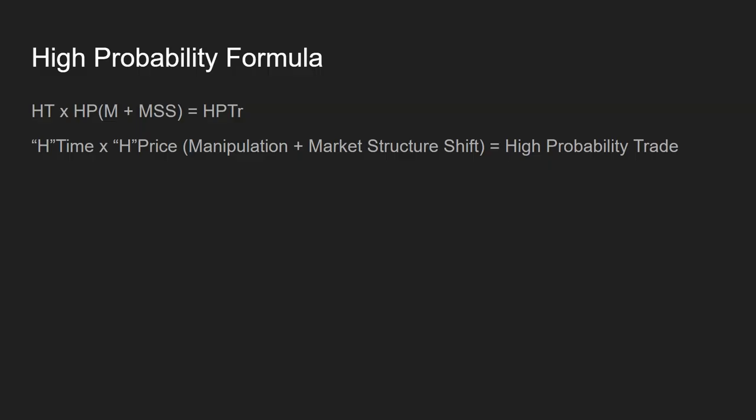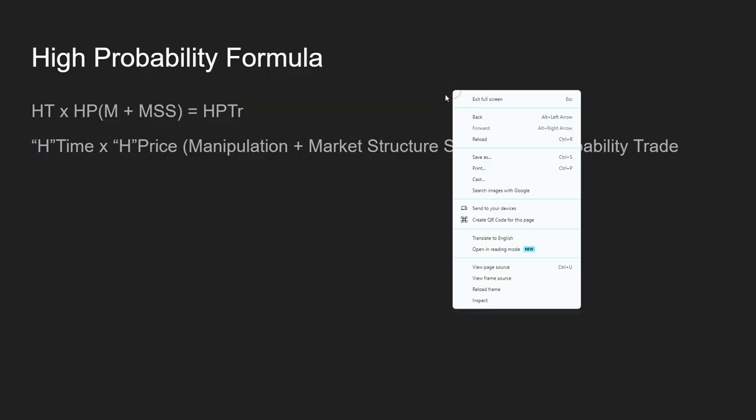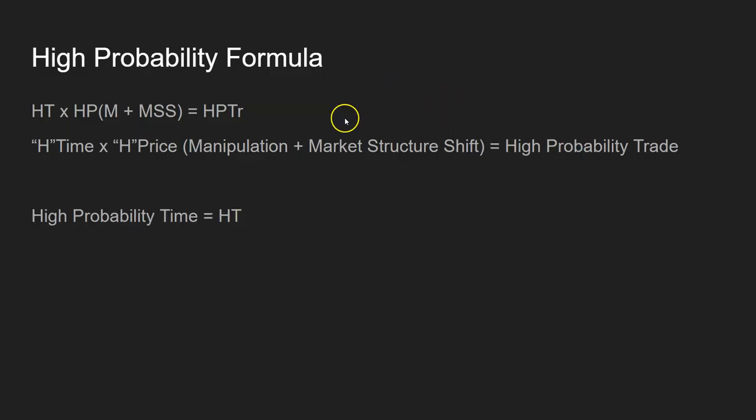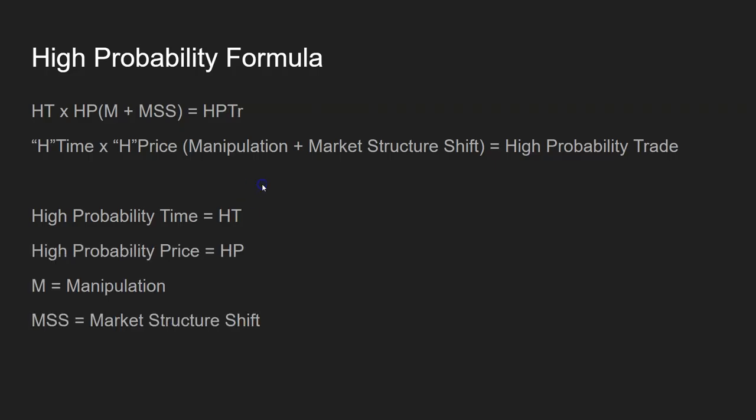For entries, for the actual trade, for the most important part of the trade, you need this formula to show. If you trade outside of this, there's a high probability of you losing that trade. So this is the key, the legend, as they call it.